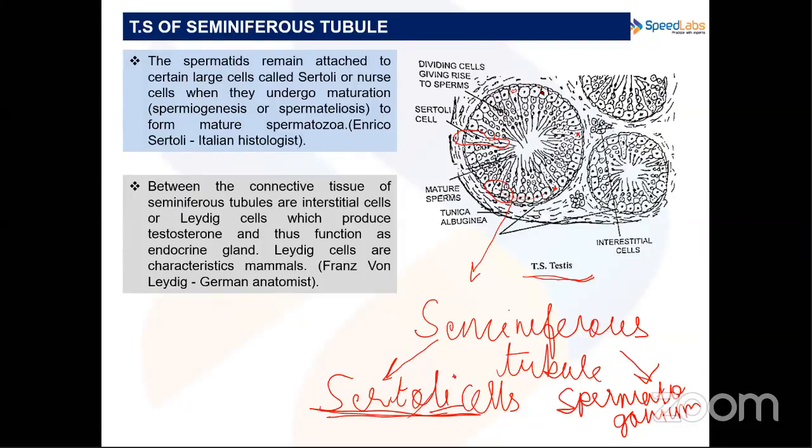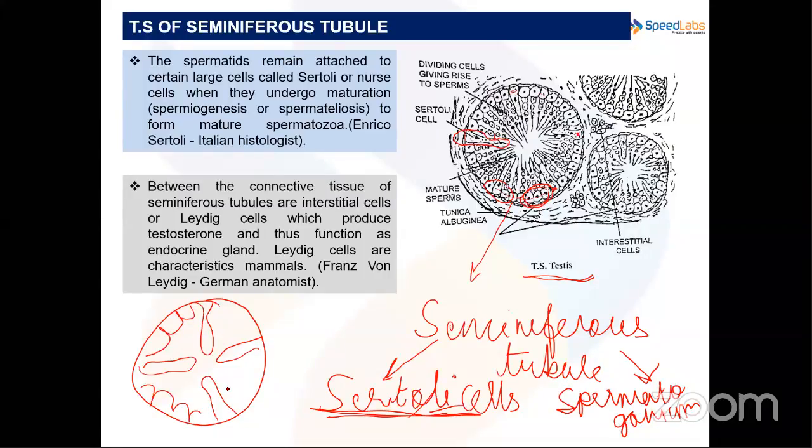This is your spermatogonium, the entire epithelium, all these cells which you can see, which are lining. These cells which are elongated are the Sertoli cells, and look at this epithelium kind of a thing. These are the germ cells, so this is the spermatogonium and this is the Sertoli cells.